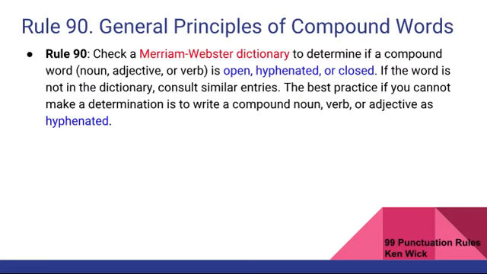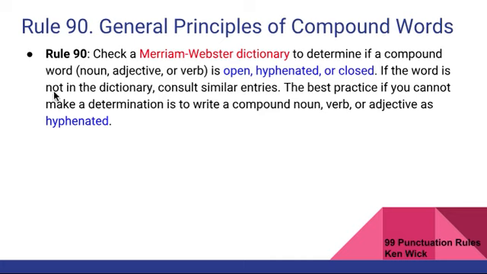So the general principle of compound words is the basic rule: check a Merriam-Webster dictionary to determine if a compound, meaning noun, adjective, or verb, is open, hyphenated, or closed. A compound word can be open, meaning there's a space between the words, hyphenated, meaning there's a hyphen between the two words, or closed, meaning there's no space.